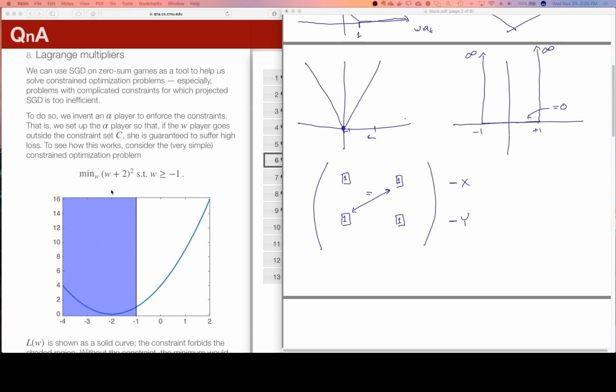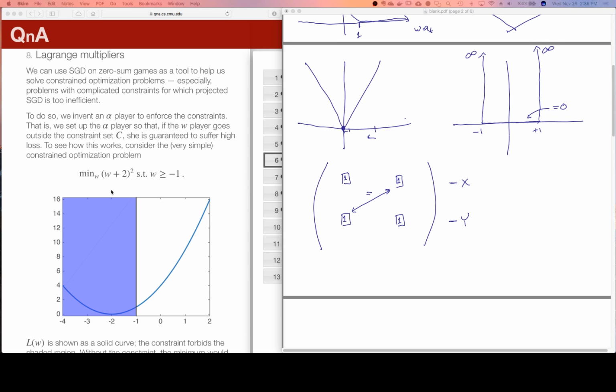And now we get to see why we cared about that. So we're going to describe a technique which is kind of cool called Lagrange multipliers.